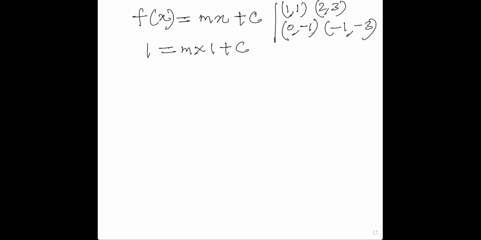You just need two equations. Put these in, and in that way you will easily get the variables. So m is equal to 2 and c is equal to -1. Yeah, correct.